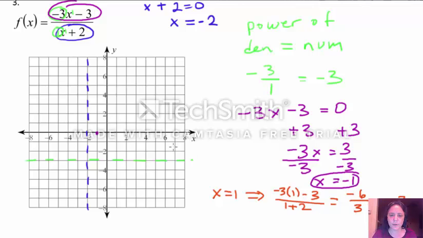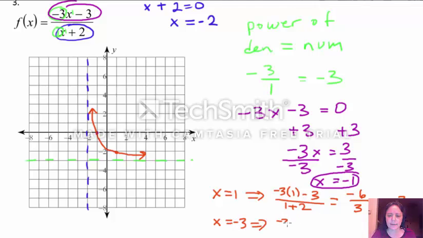That's negative 2. So we would expect that point to be here, and we'd expect to be able to graph our curve like this. And we're going to expect this to mirror across our asymptotes, but just to be sure, let us check x equals negative 3.